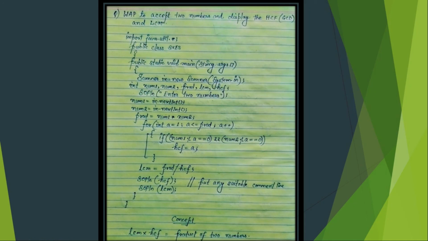Why? Because the loop over here, a is equal to 1, a must be less than or equal to prod, a plus plus, will keep on continuing. On the next iteration, because of a plus plus, this increment, a will become 2. Now again num1 will be divided by 2, and if the remainder comes to be 0, and num2 will be divided by 2 and the remainder comes to be 0, then the value of HCF will be modified.